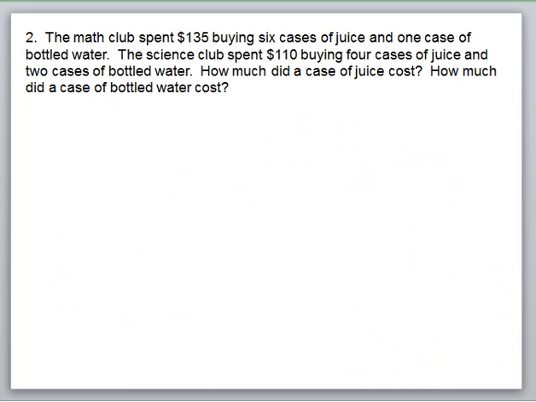My next example, I will not get through the entire thing, but I will go ahead and set up the problem. The math club spent $135 buying 6 cases of juice and 1 case of bottled water. So I'm going to use J for juice, and I'll use W for water. So they spent $135 buying 6 J's plus 1 case of water.